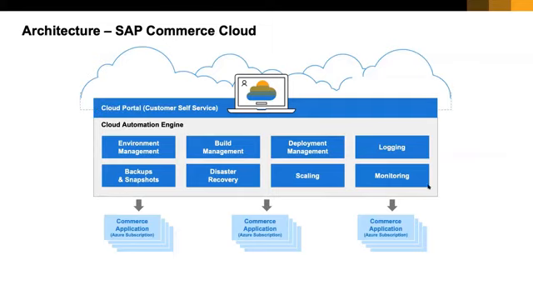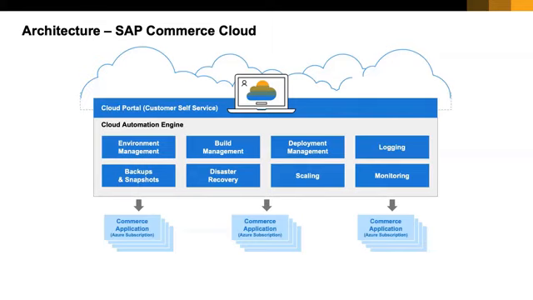The Cloud Automation Engine handles all these aspects of your environment: environment management, build management, deployment management, logging, monitoring, scaling, disaster recovery, backups, and snapshots. Instead of you dealing with all these aspects in your environments one by one, it is handled by the Cloud Automation Engine.